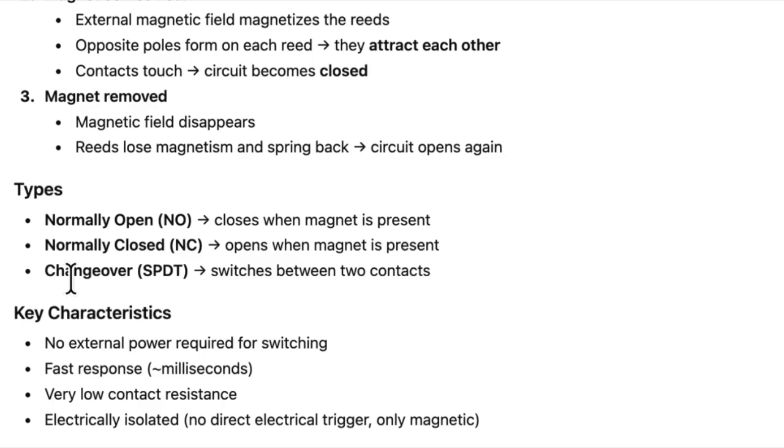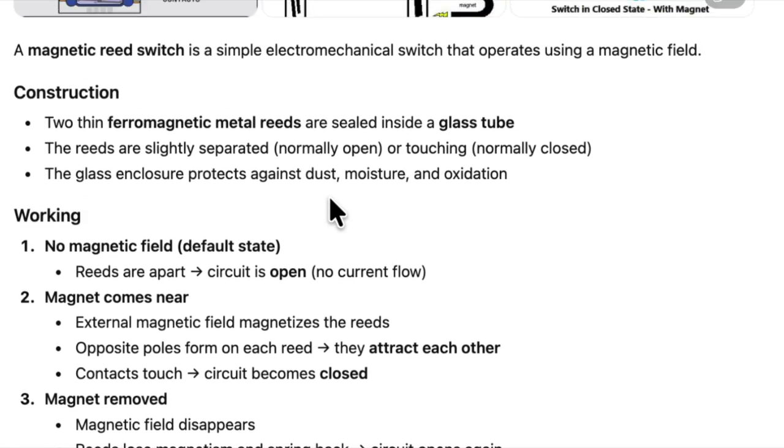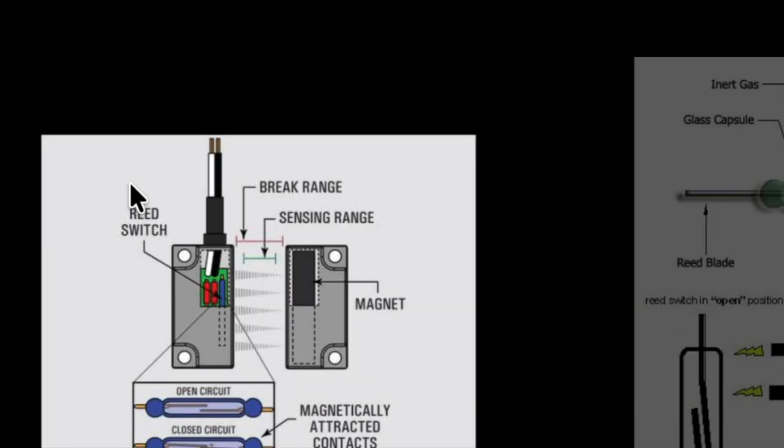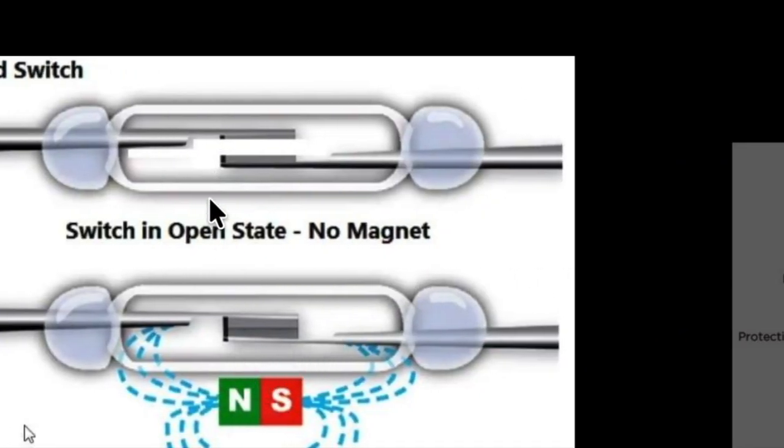The latching type is where you have more than one pole, and you set the condition that if it is here, it is in the closed condition. If it is apart, it is in the open condition.